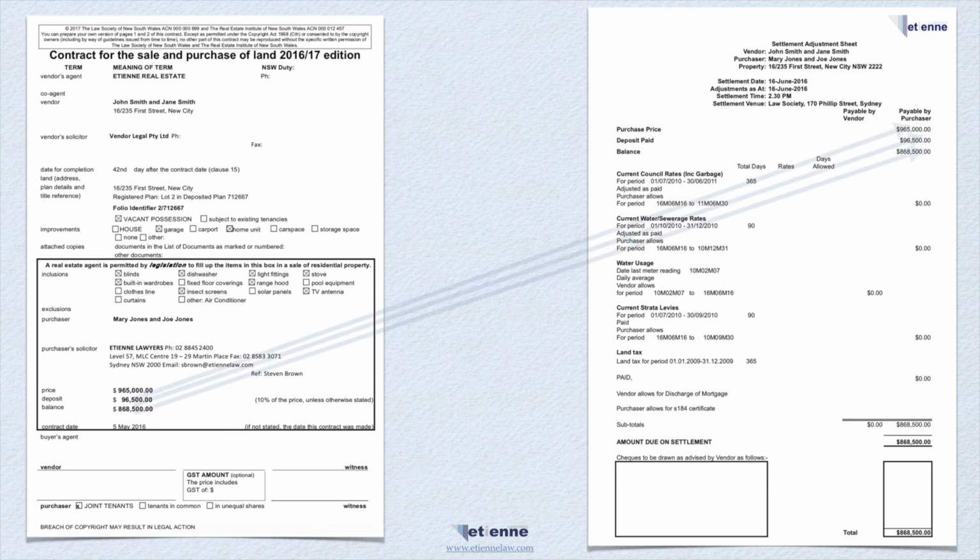We then insert the address of the property, and then we include the price, the deposit paid, and then the apparent balance. The next step is to start to calculate the adjustments that the contract requires to be made between you and the vendor.